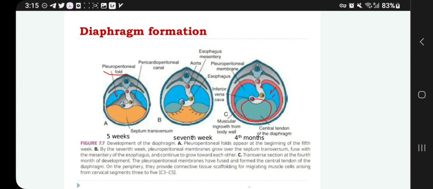We have two crura, or the crossing of the diaphragm, that was made by the mesentery.